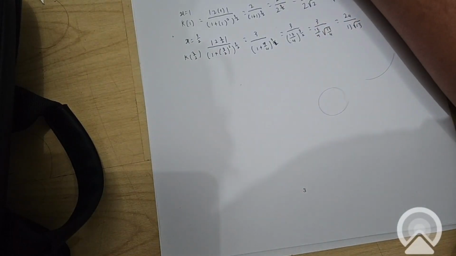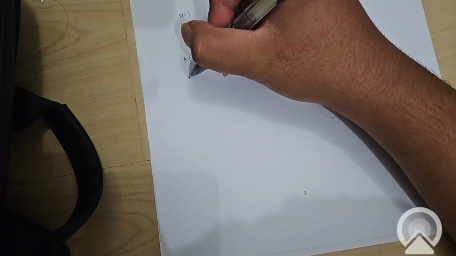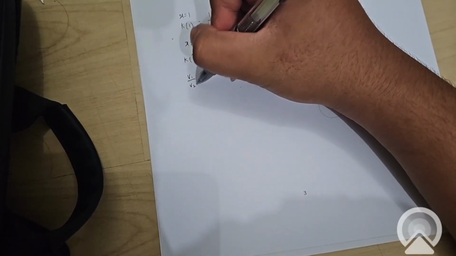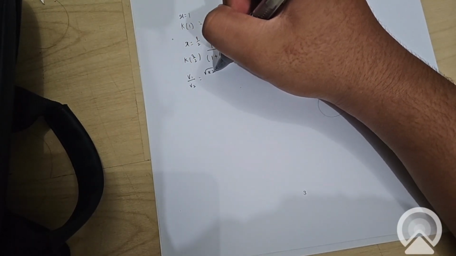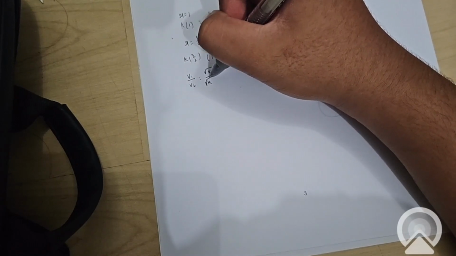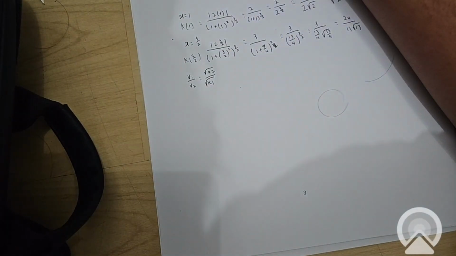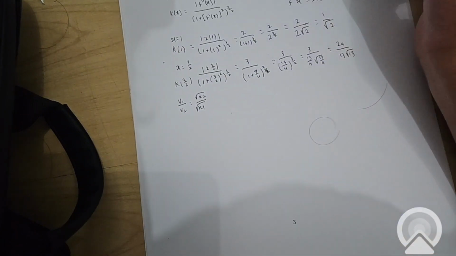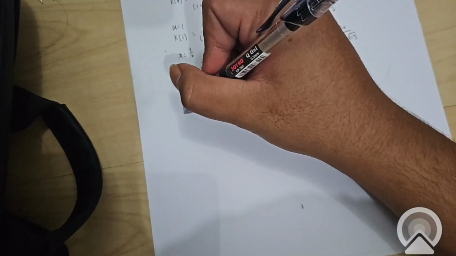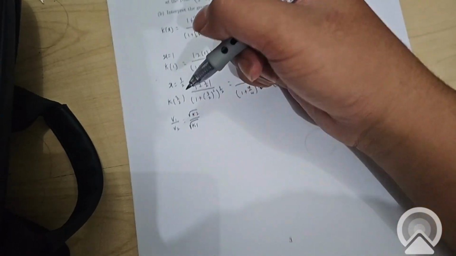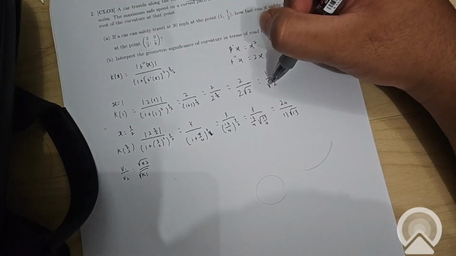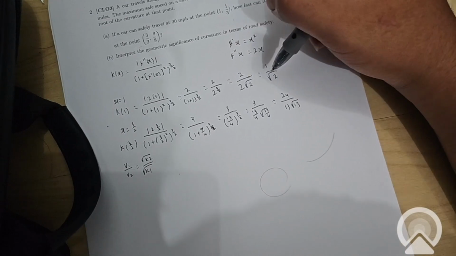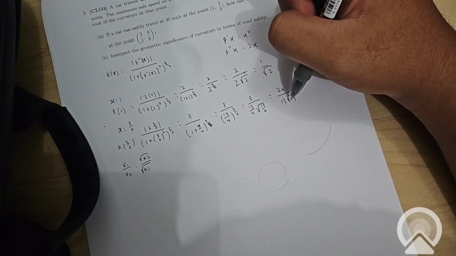And then next we compute v1 over v2, which is equal to the square root of κ2 over κ1. So we know v1 is 30 miles per hour, and κ1 is 1 over square root of 2, and κ2 is 24 over 13 square root of 13.